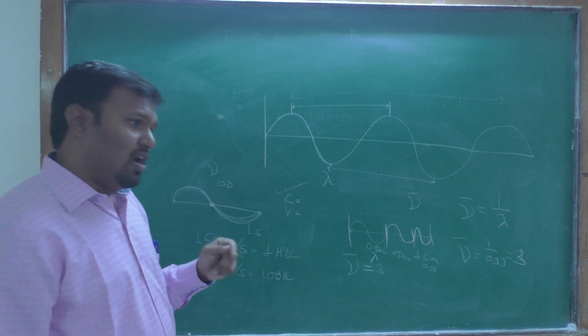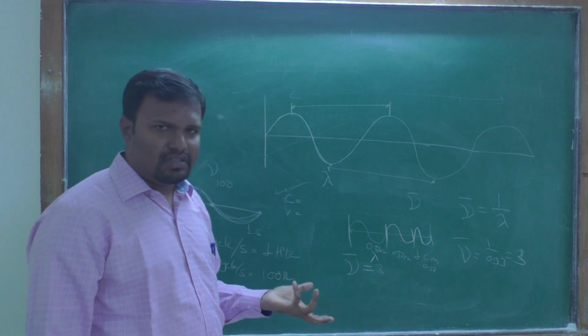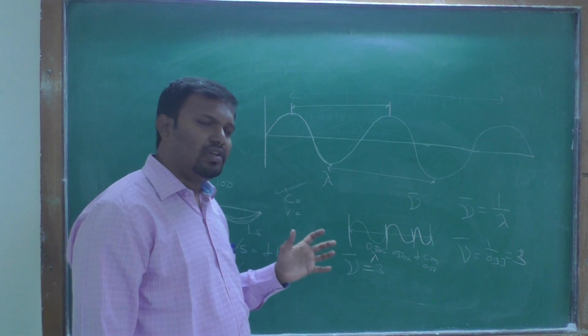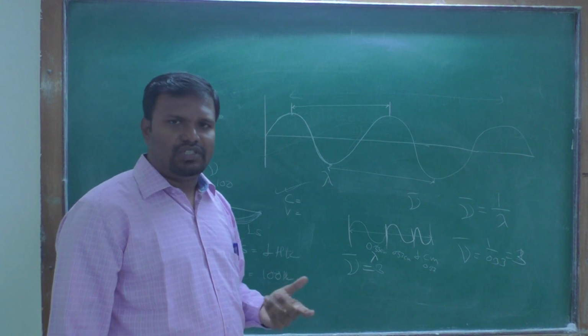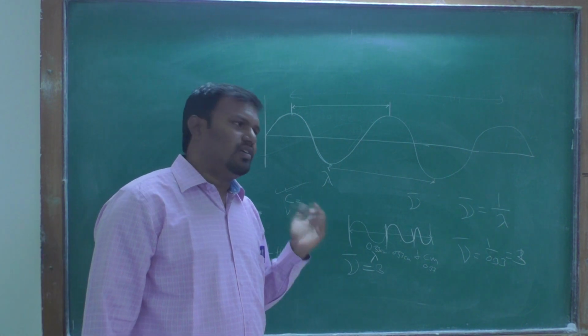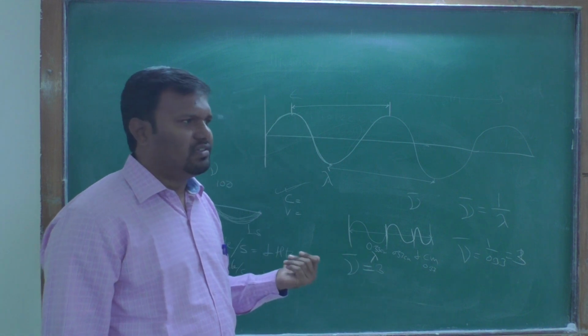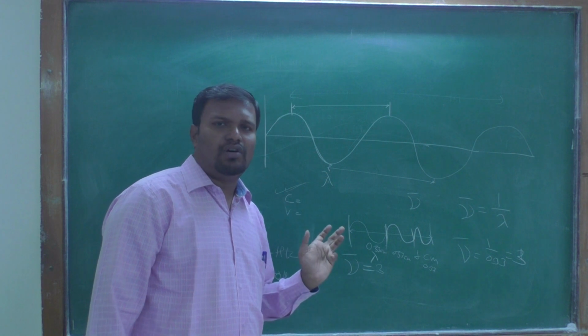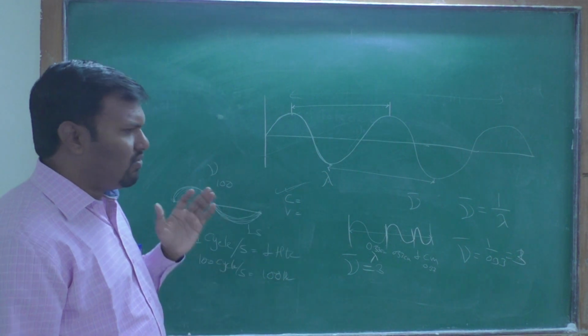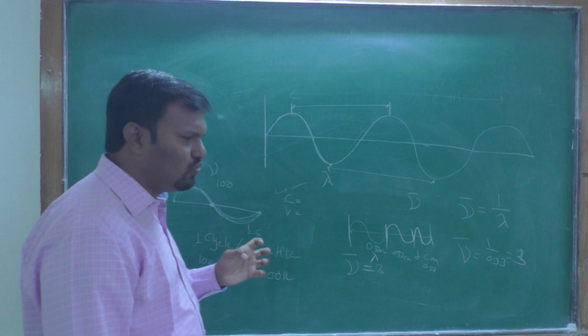Velocity is how much distance is achieved within 1 second. That is 3 lakh kilometer per second, the velocity of light. Very huge speed is associated with light.